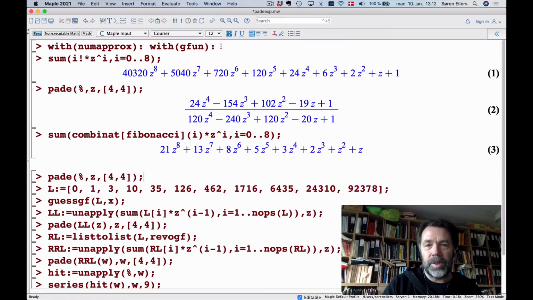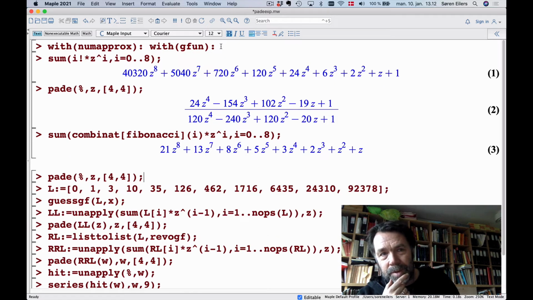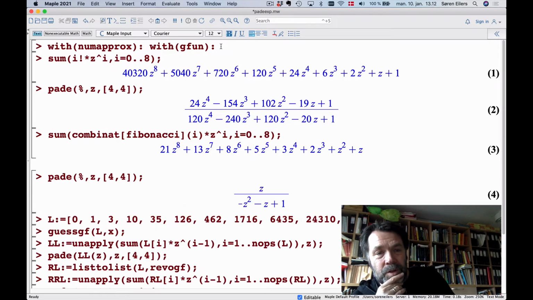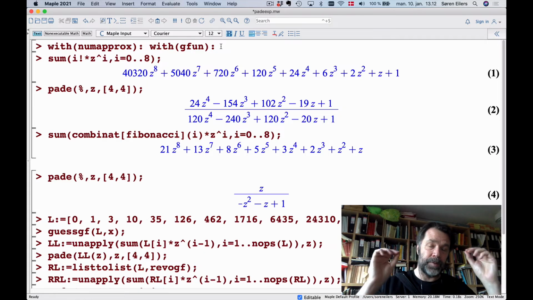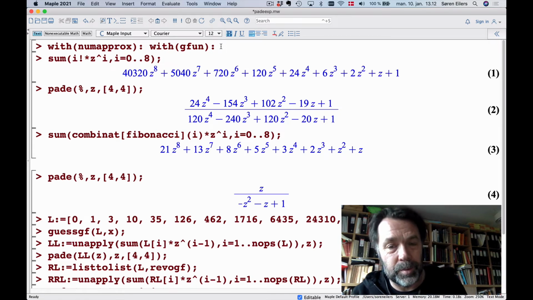But let's look at another example where I now chose the Fibonacci numbers as my coefficients. When I do this Pade approximation, I get, and this is not surprising, we know where this comes from, a Pade approximant which is degenerate. I asked Maple for a 4-4 approximation, so the unique Pade approximant that has a fourth order polynomial on top and a fourth order polynomial below.